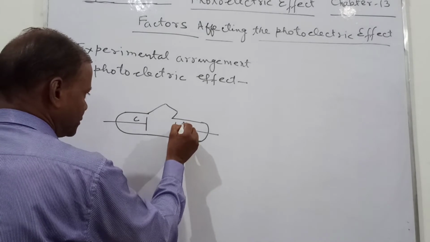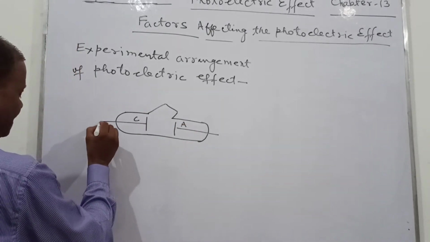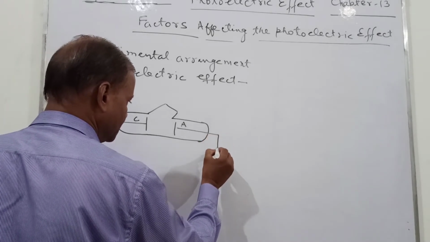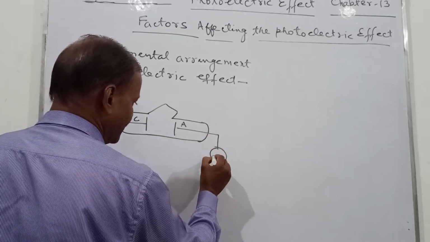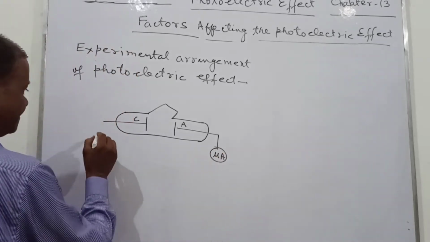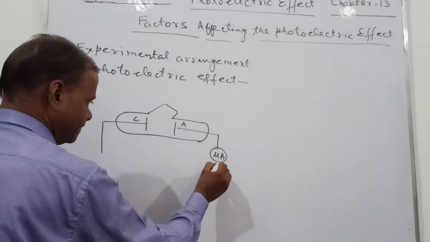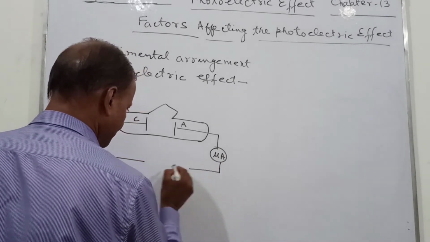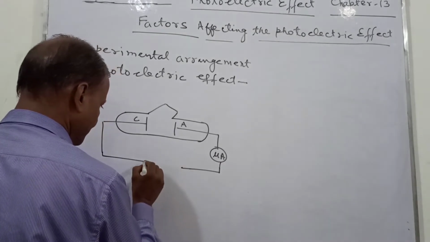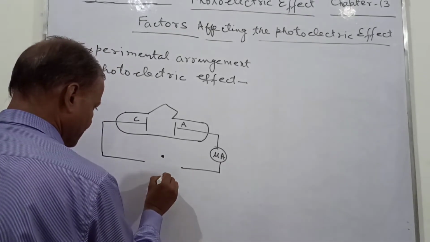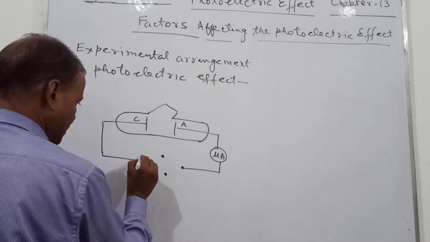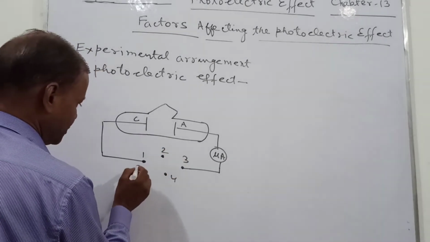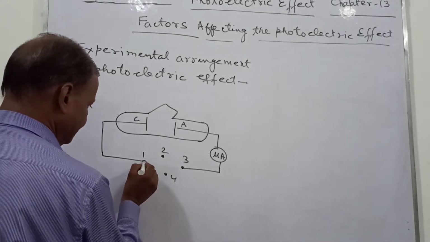This is the cathode, this is now the anode. This is now the microammeter. This is 1, 2, 3, 4.